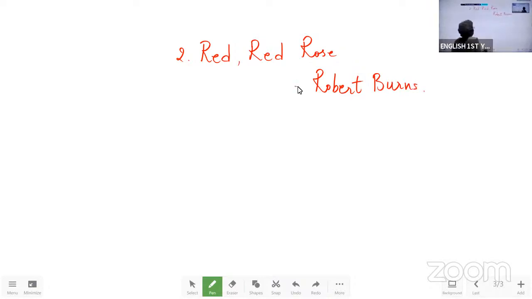Robert Burns here compares his beloved to a red rose. He stresses, everyone knows rose, especially the red one, signifies love. But here he wants to show his deep feeling, and that's why he has stressed on the word red. He has said it twice, red rose.